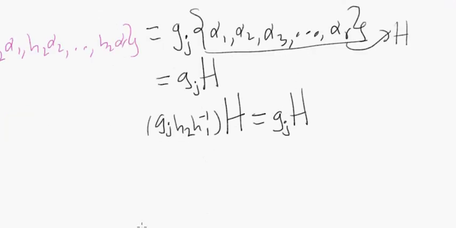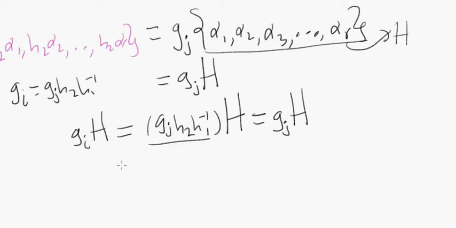But before we'd proved that Gi actually equals Gj H2 H1 inverse. So this means that this coset here is the same as the coset GiH. So what are we really saying? We're saying that GiH equals GjH.